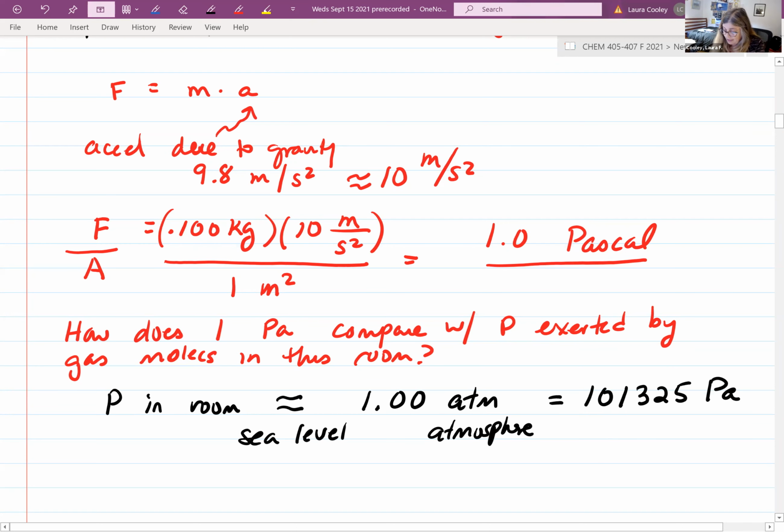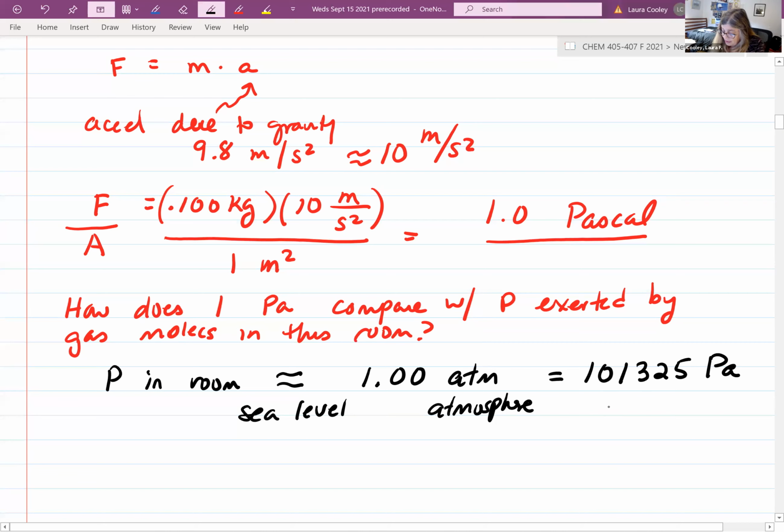Okay, that's approximately 10 to the fifth times the pressure exerted by a meter squared of poster on that meter squared of table. So I find that absolutely astounding. It's just so much higher than I might have thought.